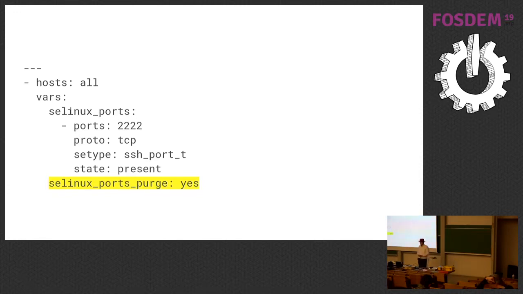Other supported features that we have are SELinux booleans, where you can configure your system, file context, and of course basic SELinux configurations to even disable SELinux if you want to do this for some reason.